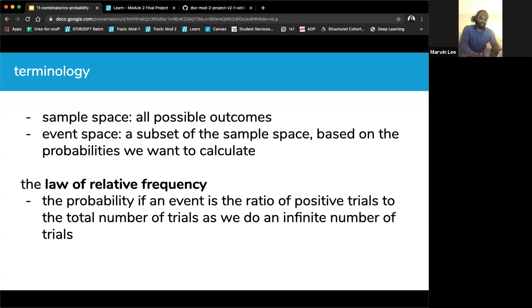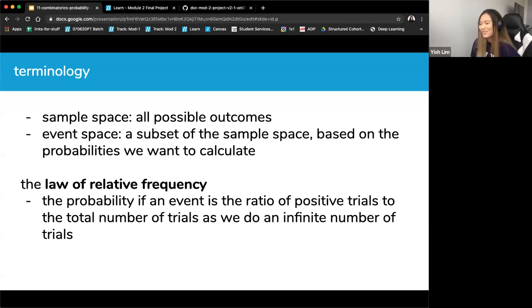When we get to mod 3, we'll take a deep dive into each model, but there are certain models that are based on probability. Actually, most of the models that we end up using are more like mathematical algorithms. So not exactly, but in evaluating and interpreting some of these models, there are some probabilistic concepts that take into account the law of relative frequency.